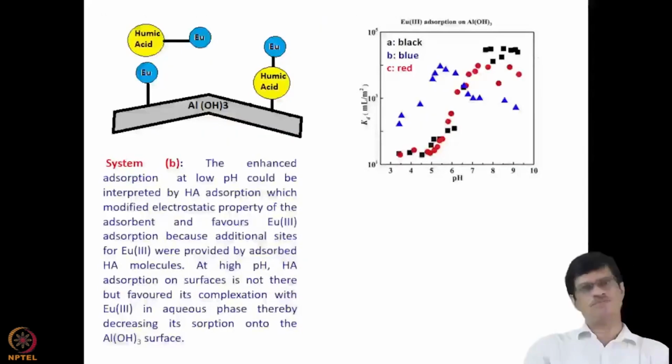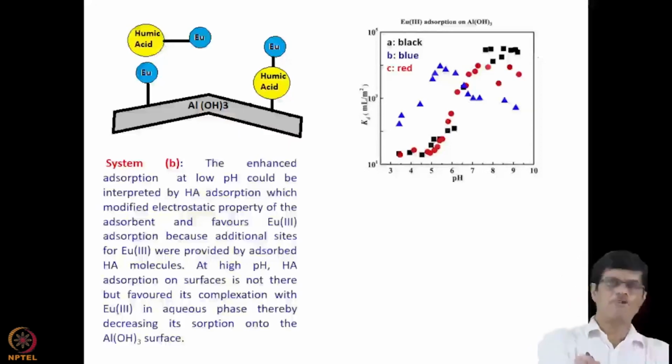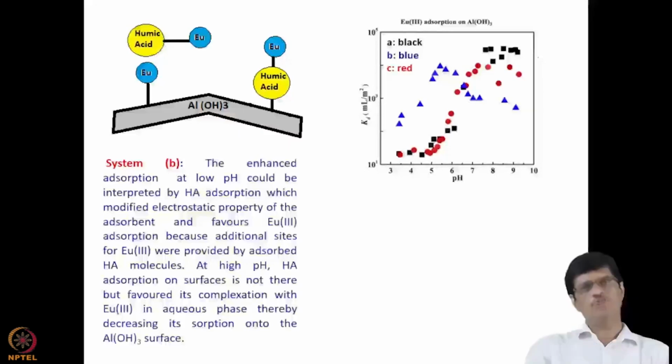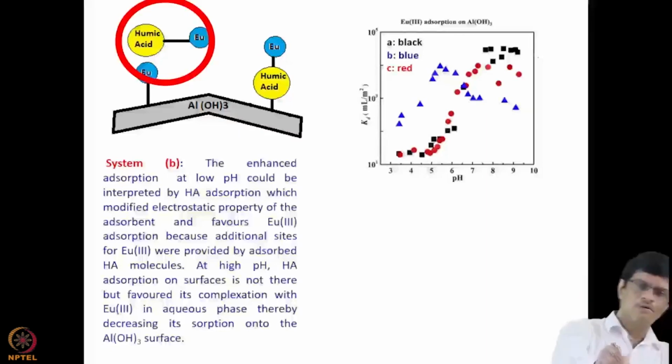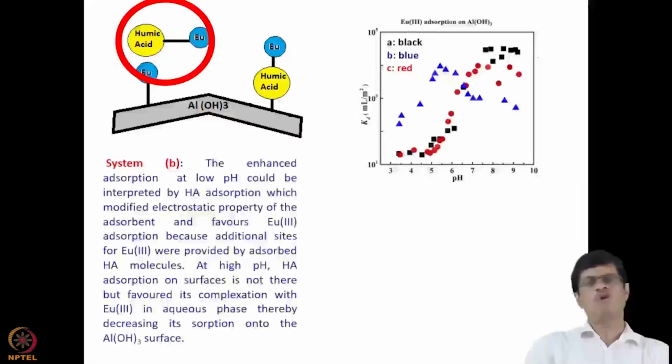Now coming to case B, here we have the humic acid in the solution phase, as shown in the figure. That is how it is forming a complex. It can form complexes in 2 ways. First, the europium humic acid complex is formed, and that whole complex is present in the solution phase.